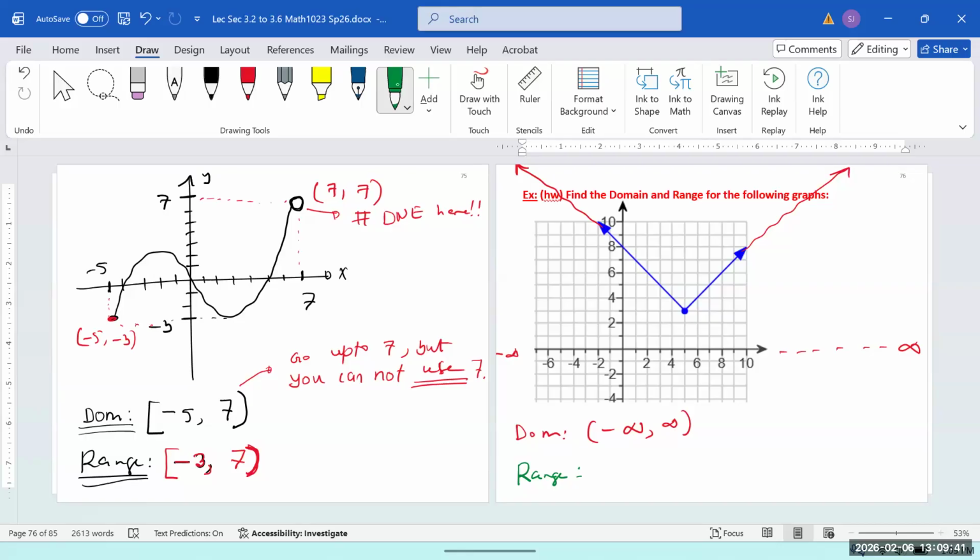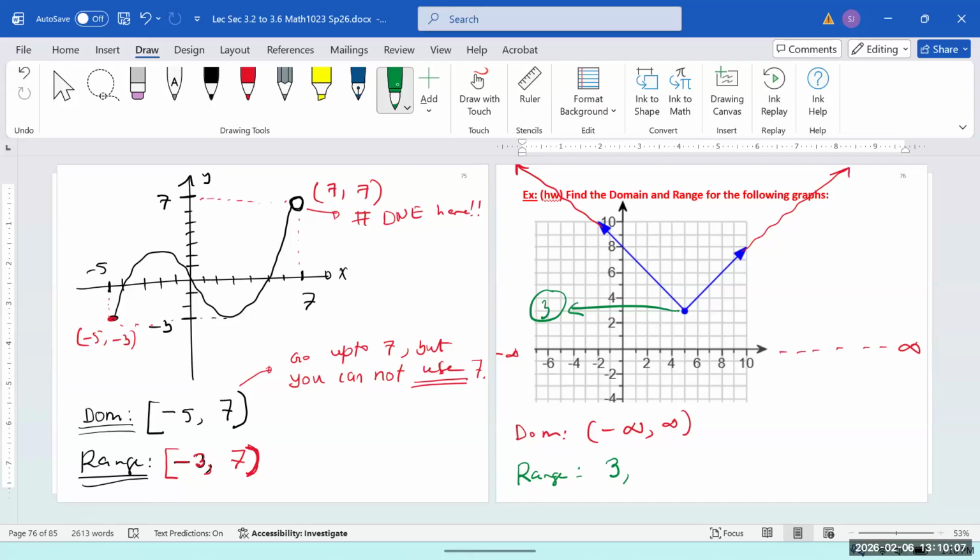The graph starts here, so that is where we have our lowest y value, 3. So our range starts from 3 because that's the smallest y you can have in the graph.